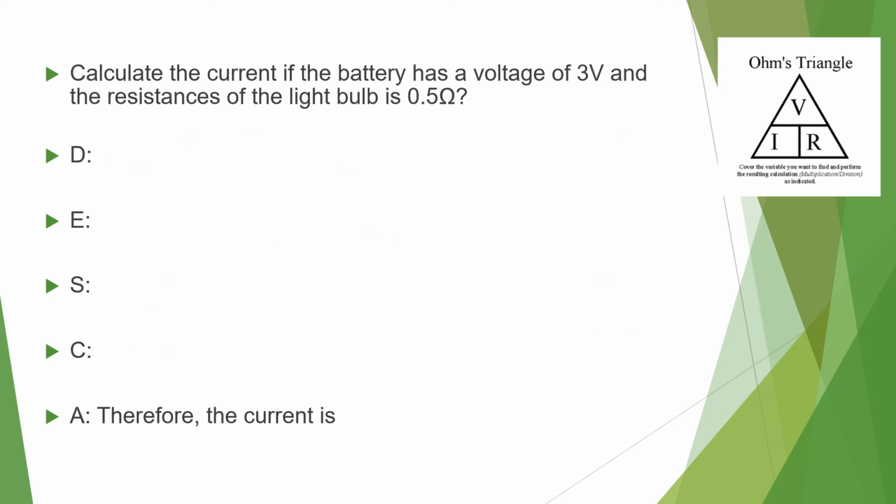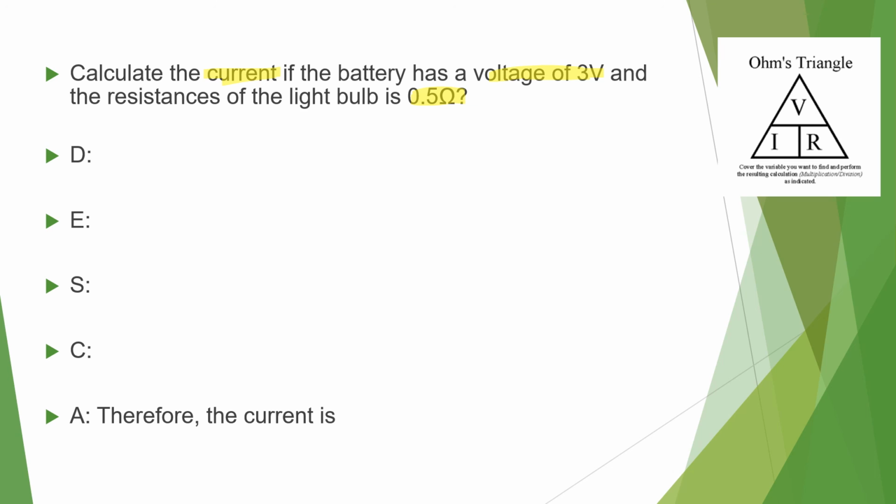Okay, let's do another one. It says here, calculate the current if the battery has a voltage of 3 volts and the resistance of the light bulb is 0.5 ohms. We're going to pick out what we have.